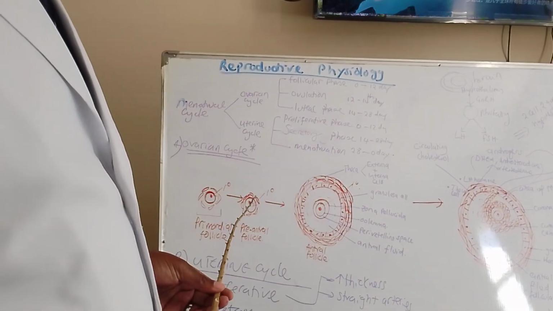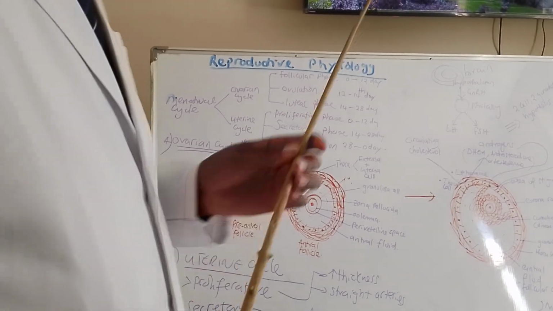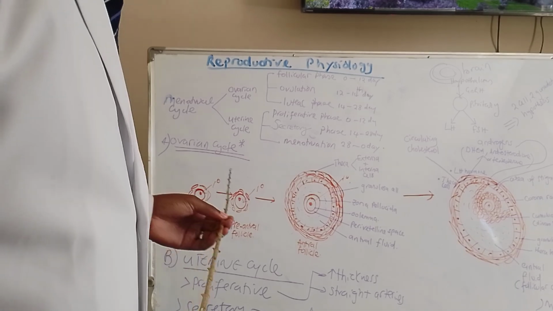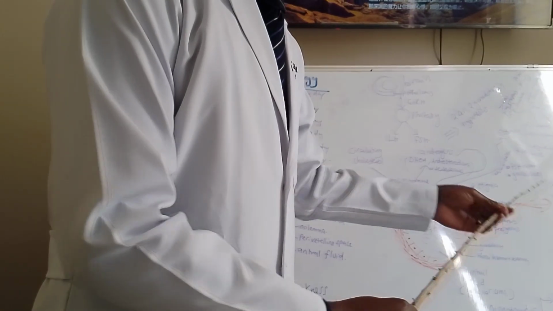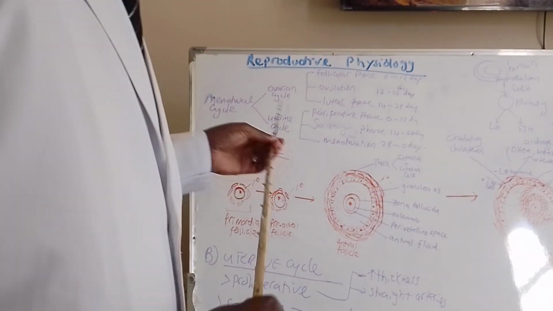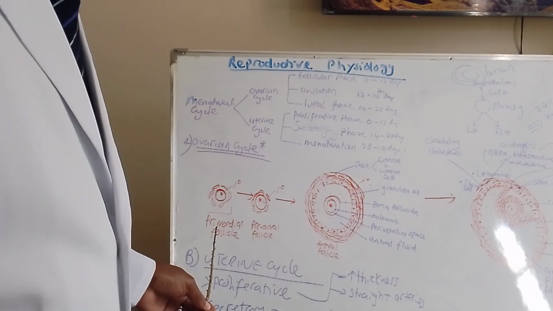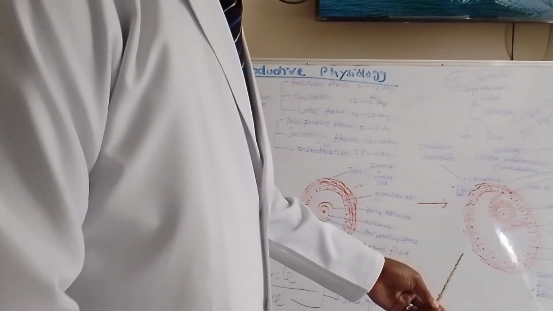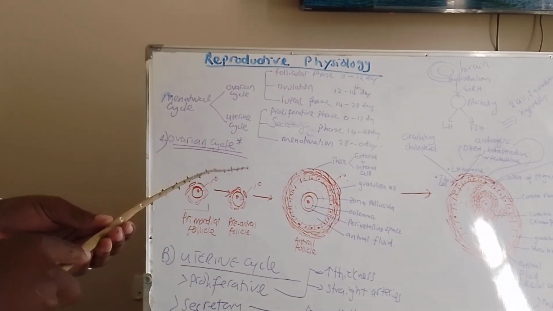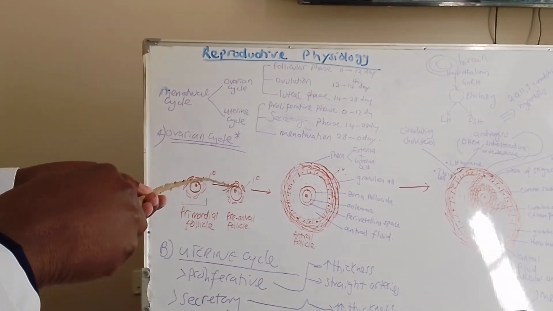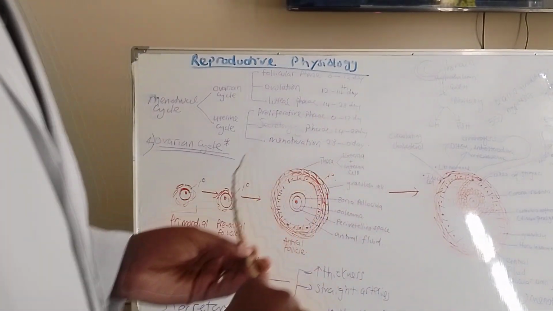Now, what will be happening is that from primordial to preantral stage, take note, there's no change in the primary oocyte. It remains primary, it does not change. What is changing is the outer layer. You get the point? The outer layer is what is changing. No wonder the names are changing as follicles rather than the oocyte. So don't confuse the two. Now, the growth from preantral to antral, this one going this way, is hormone dependent.